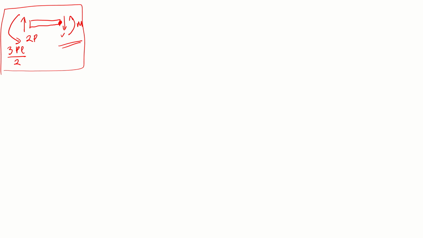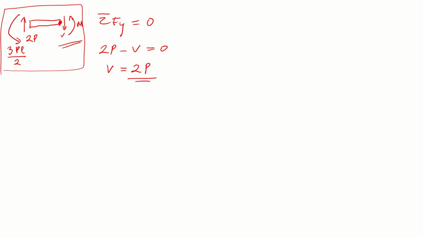Now let's try to find the value of V and the value of M. Using sigma Fy equal to 0, what we will have there is 2P minus V is equal to 0, and V is supposed to be equal to 2P.